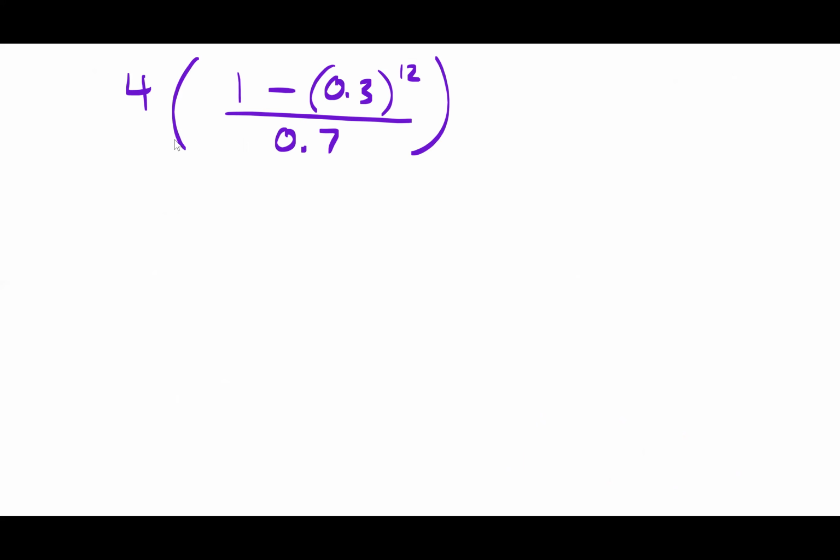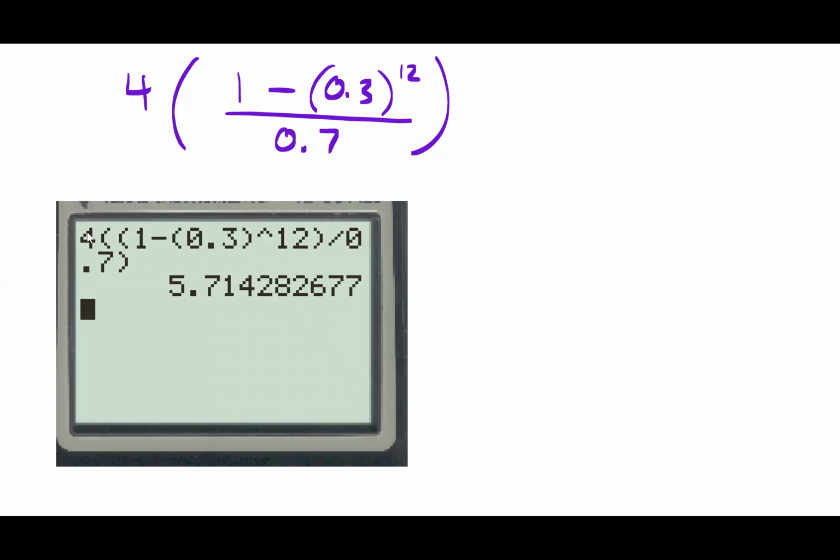So lots of parentheses here. And we also need a parenthesis to hold this numerator together as well. So we're actually going to have 2 parentheses when we set this problem up. Let me show you what I have on my calculator and we'll talk about it. Here's what I got. I got the 4. I got this big parenthesis that's coming in right here. Then I set up another parenthesis right here because I want to keep this numerator together.